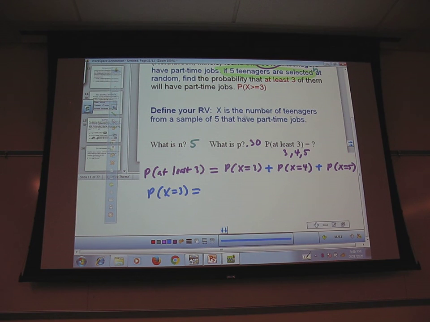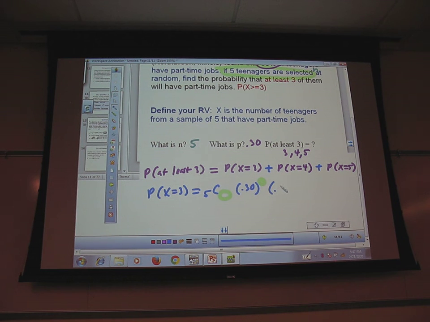Let's see, that is 5 choose. Here's a hint: the 5 choose, this part changes, but then times p, which is 0.30, to the x, that changes, multiplied by q. What's my q?